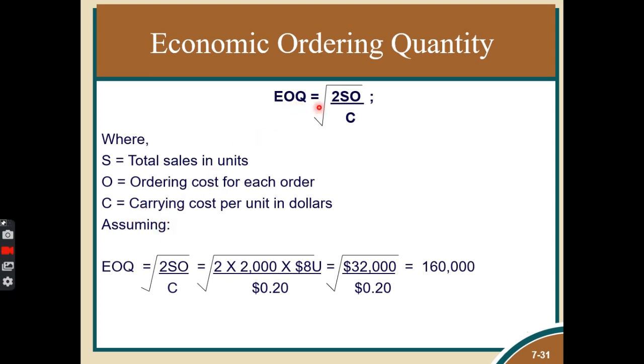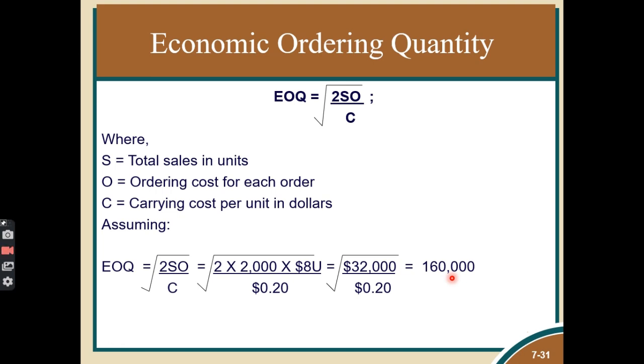Assuming the sales level is 2,000, the ordering cost is 8 for each order, and the carrying cost is 20 centavos, then using the formula, the EOQ is 160,000, which means we are supposed to order 160,000 at a given order time, or at a given period of time.